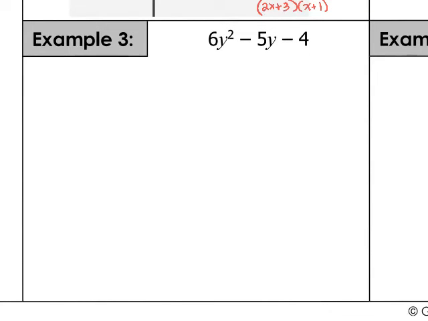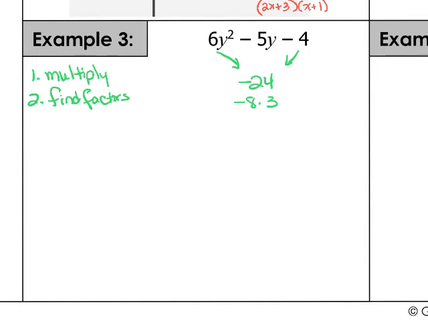All right, number 3. First step, multiply your A term and your C term. Second step, find the factors. I know it's negative 8, positive 3.